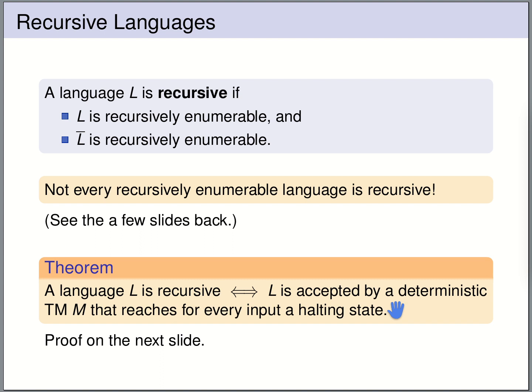So in other words, a language is recursive if membership in the language can be decided. We give the input word to a Turing machine, and the Turing machine will tell us yes or no whether the word is in the language or not. The Turing machine never runs forever.